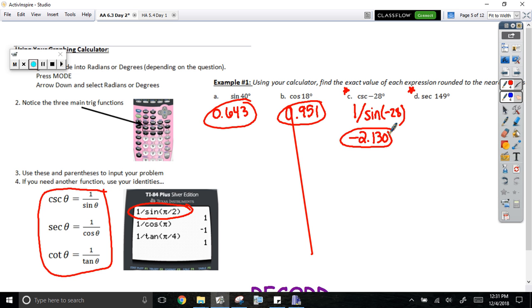See if you guys can do D and E. So we have the secant, which will be 1 divided by cosine, and the cotangent, which will be 1 divided by tan. And round to the nearest 1,000.